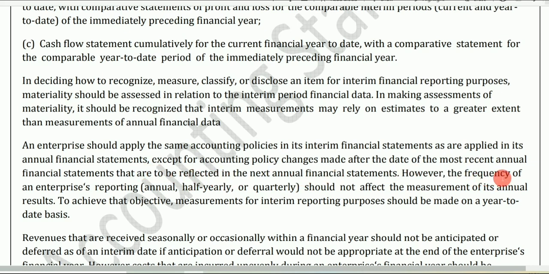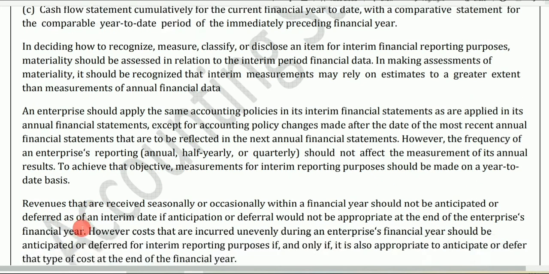However, the frequency of an enterprise reporting annual, half-yearly or quarterly should not affect the measurement of its annual results. To achieve that objective, measurements for interim reporting purposes should be made on a year-to-date basis.